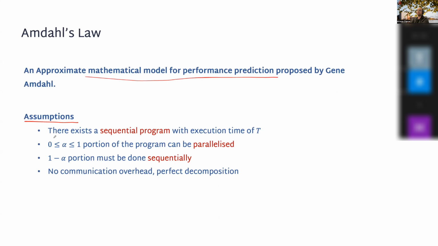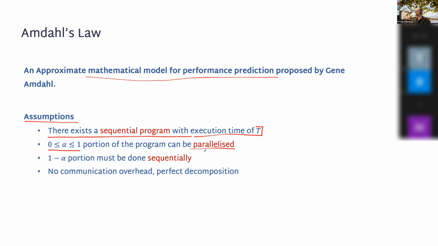The first thing that it assumes is that there exists a sequential program with the execution time of t. So we have a sequential program at hand, and the execution time of that sequential program is t, right? The next assumption is we consider a number alpha, which is between 0 and 1, and we say alpha portion of the program can be parallelized.